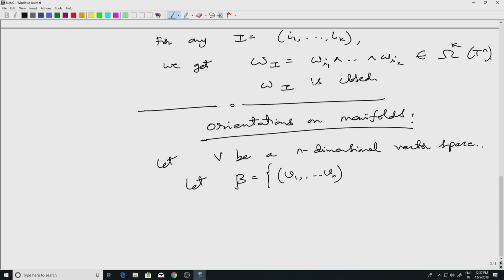Since I've used round brackets, it's an ordered n-tuple, the set of all such things such that this unordered set is a basis of V. In other words, beta is just the collection of bases of V, but we are looking at ordered bases. So formally, this is just a subset of V cross V, n times.